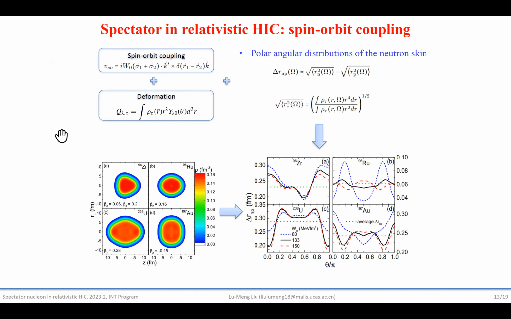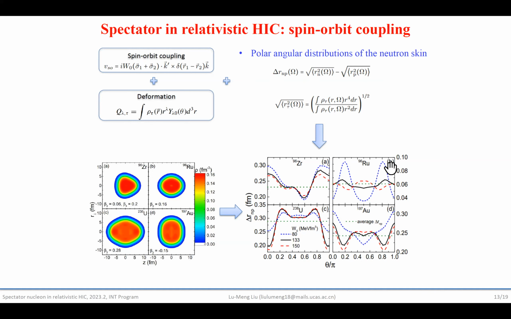For deformed nuclei, we found the neutron skin has a special angular distribution due to the spin-orbit coupling. Here we define the angular dependent neutron skin. This distribution of the neutron skin is different for different W0, the spin-orbit coupling strengths.